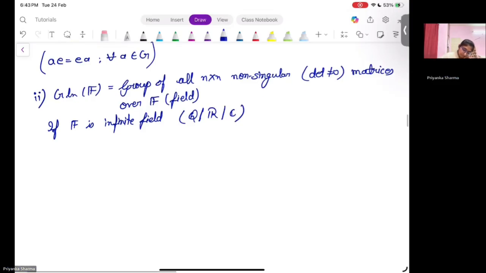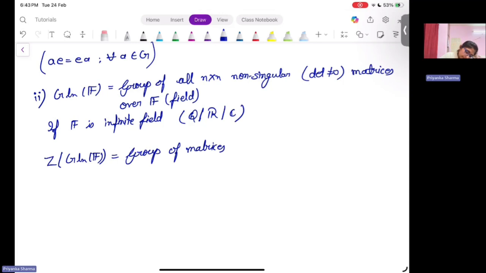It means the center of GLN F is the group of matrices that commute with every n by n non-singular matrix.